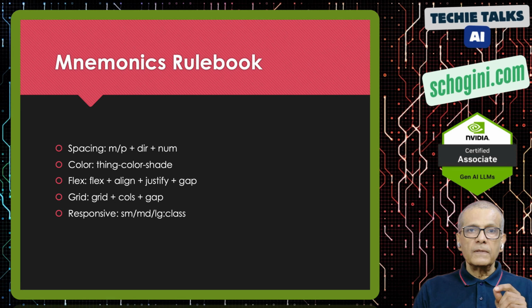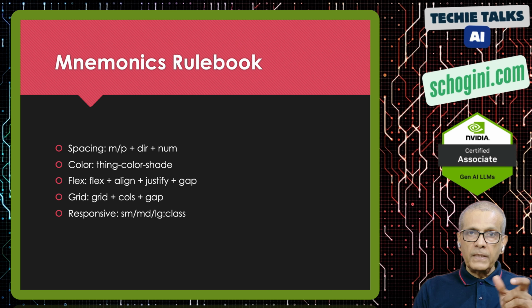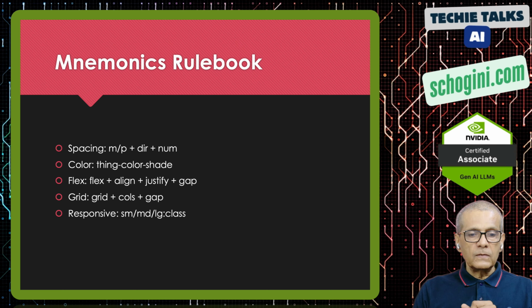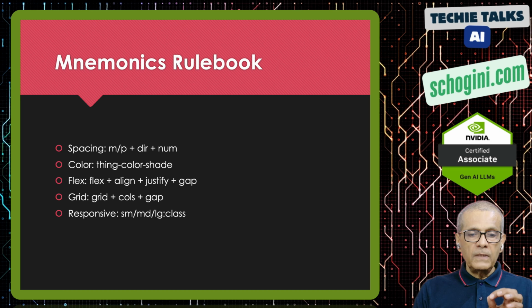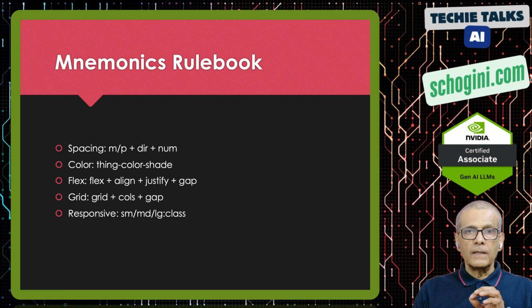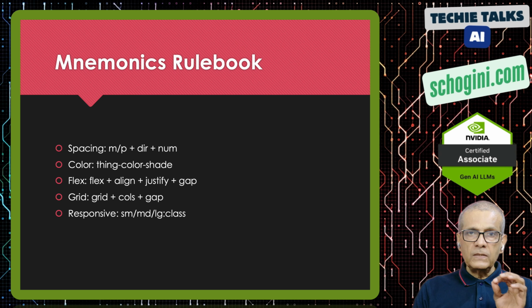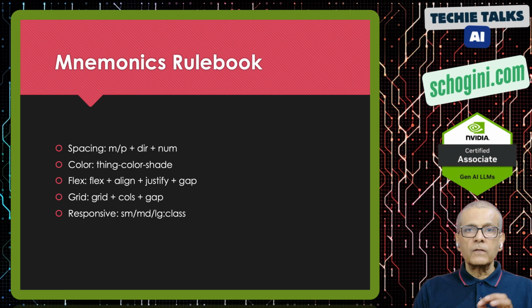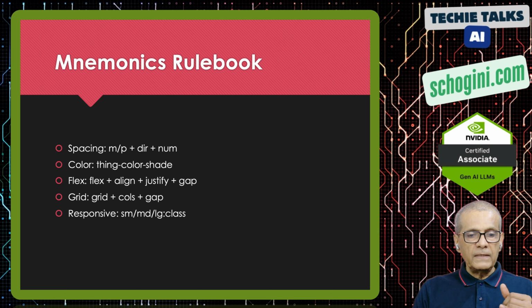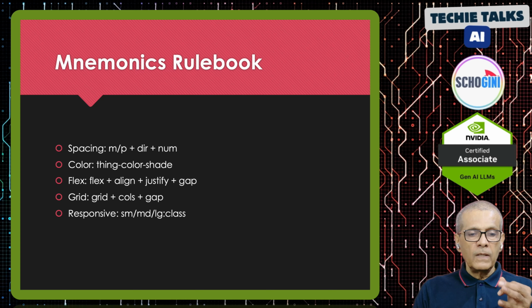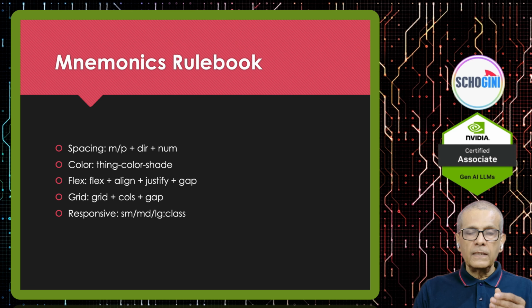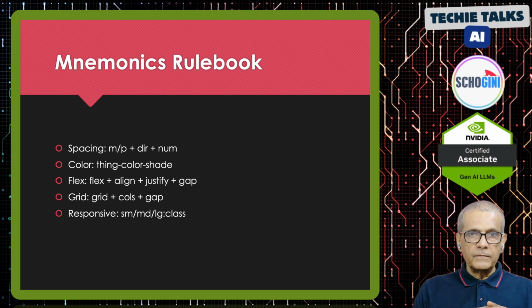Then responsive, the breakpoint, depending on the different screen sizes: SM, MD, LG, etc. If you memorize these patterns, you will never need documentation again. So spacing you need to know, color, flex, grid, and responsive.